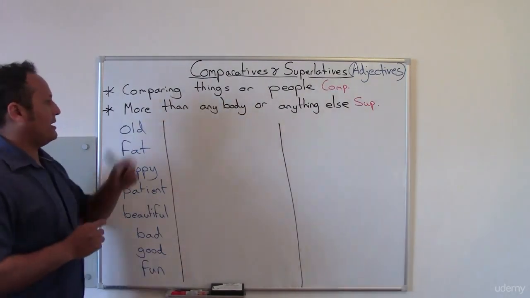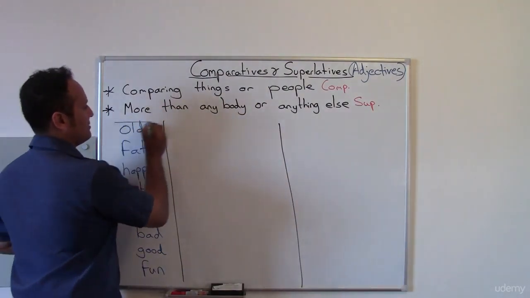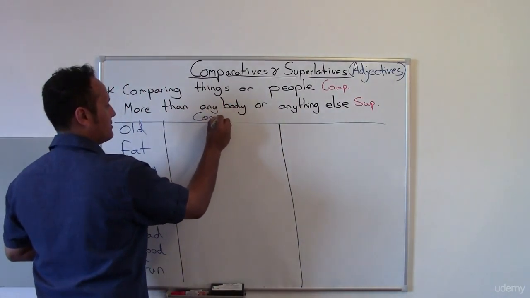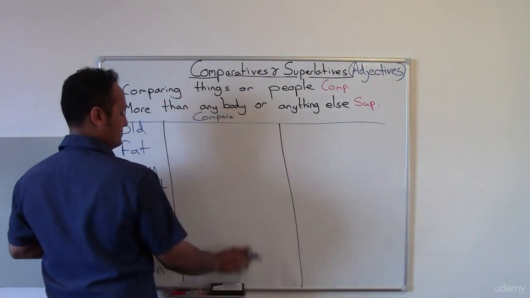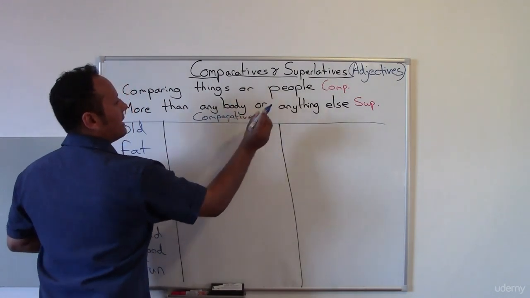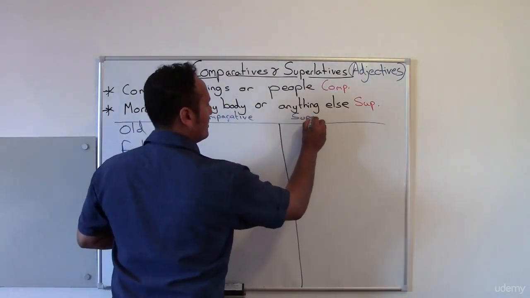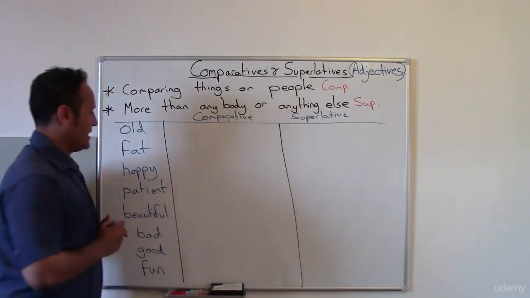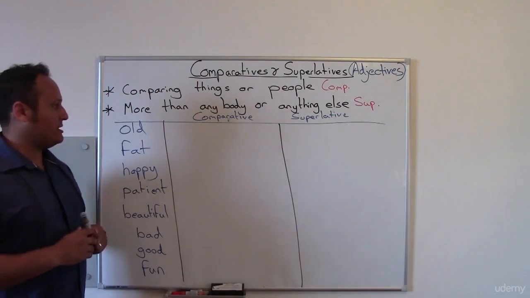Okay, now in this part you will see the comparative. And in this part you will see the superlative. Okay, so how do we change them?